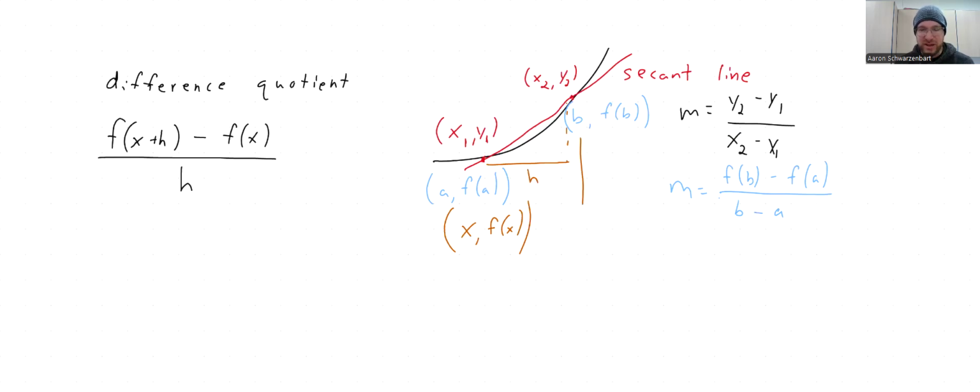So the second point, my x coordinate becomes x plus h. And my y coordinate is just f of x plus h. So I took my x coordinate, I added h to it, and that gives me my new x coordinate.